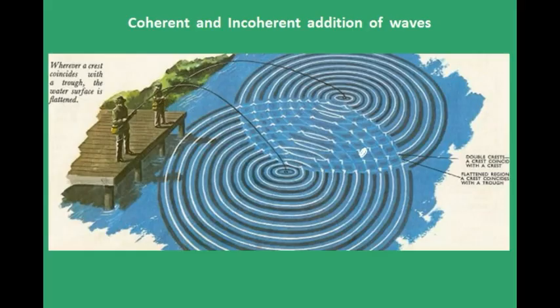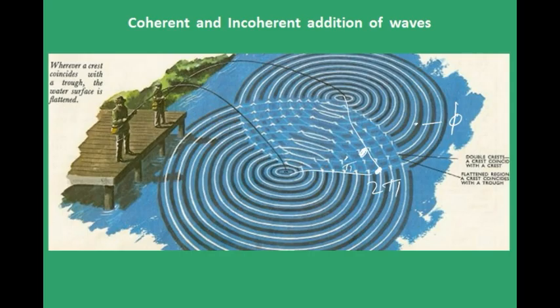What is a coherent source? At a particular point, if the phase difference between the displacements produced by each of these waves does not change with time, then those two sources are said to be coherent. I'll explain. Say at some point, the phase difference between these two waves is 2 pi, and at another point it may be pi, at another point it may be something, say, phi, random.